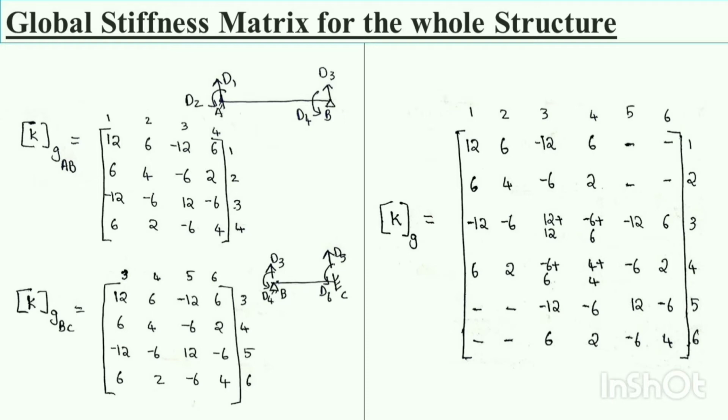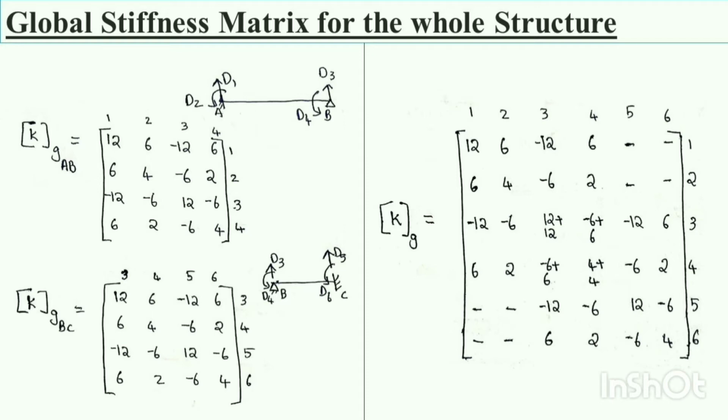And element 1, 4 will be 6 again from KGAB. And elements 1, 5 and 1, 6 do not exist in KGAB or KGBC. So we just leave them as null elements, or 0.